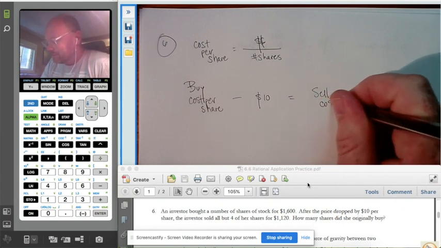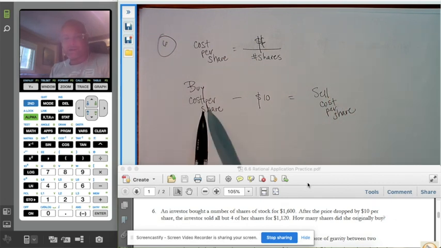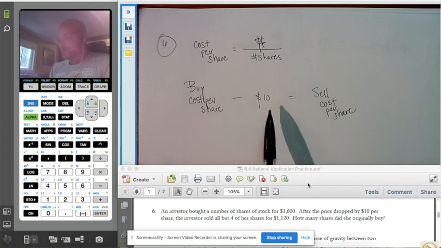And there's also going to be a cost per share to sell. So the idea is she's going to buy something at a certain cost per share, then the price goes down by $10 per share, and then she's going to sell it off.